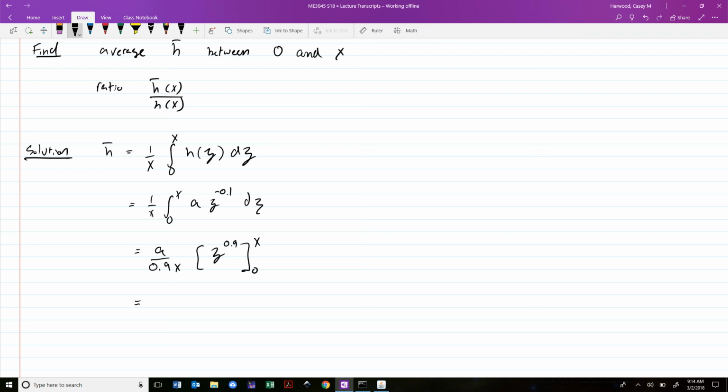If we plug x in for zeta there, we're going to end up with a over 0.9 x to the 0.9 power over x, which equals 1 over 0.9 a x to the negative 0.1. So we have something that looks a lot like our local heat transfer coefficient. It's got the same sort of behavior.